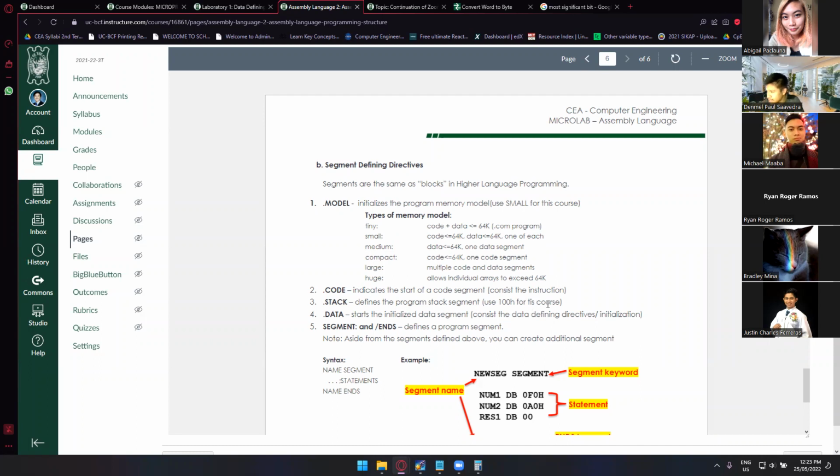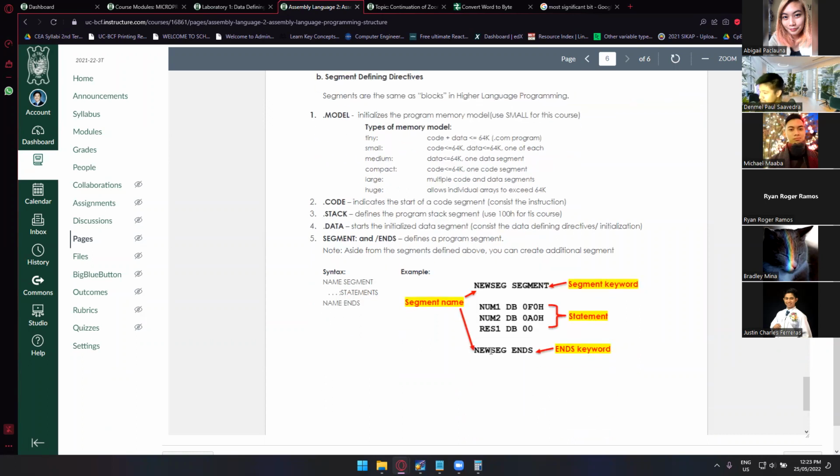So in here again, just use 100 each. And then .data is the initialized data segment, which consists of data defining directives or initialization. So segment and ends define the program segment. You can create a new segment if you want, as long as it has a corresponding ending. For example, this is the new segment name.